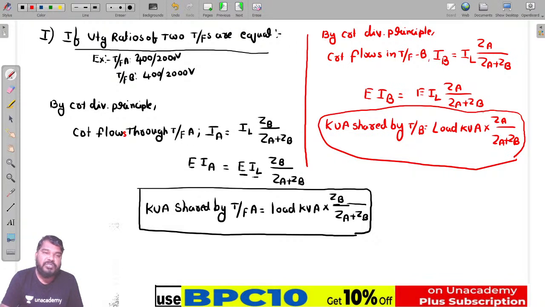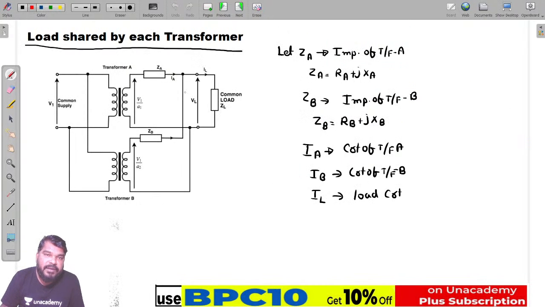Yes, but in the textbook you can derive it another way also. Here I just applied the current division principle.